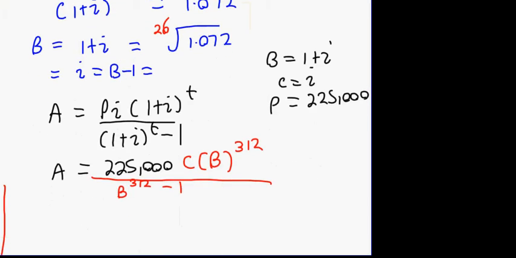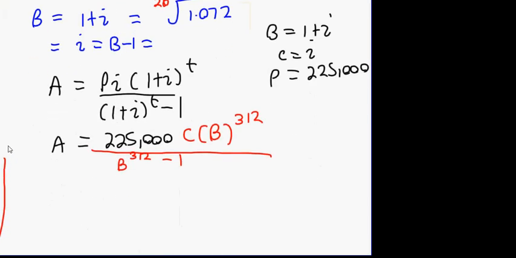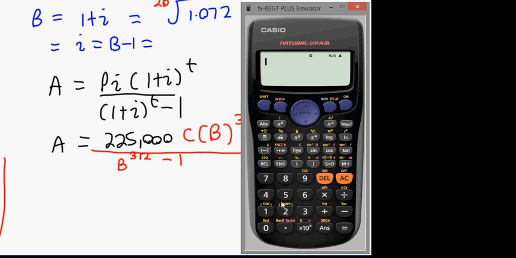What we're going to do next is put in our 225,000, and then we're going to do C, then bracket B to the power of 676.